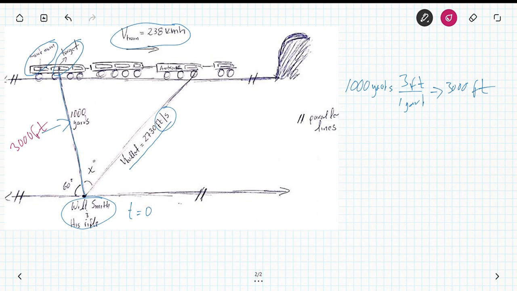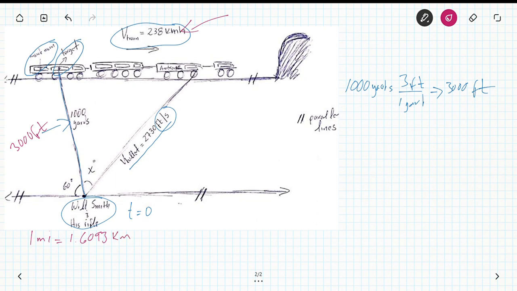and the second thing we want to do is change this 238 kilometers per hour. So let's write some of the facts that we know. We know that 1 mile equals 1.6093 kilometers.